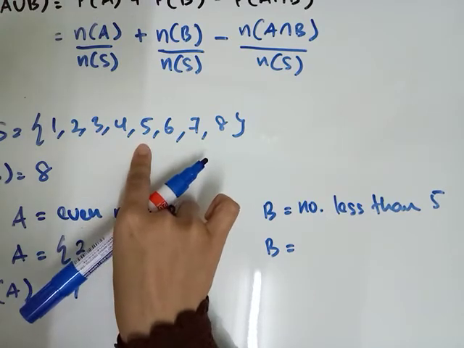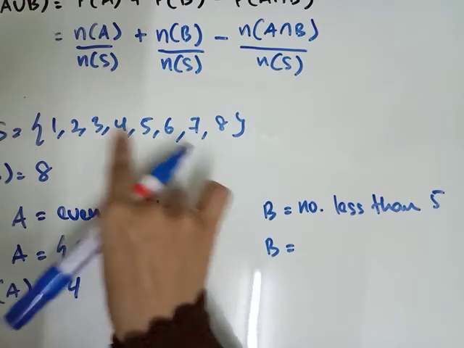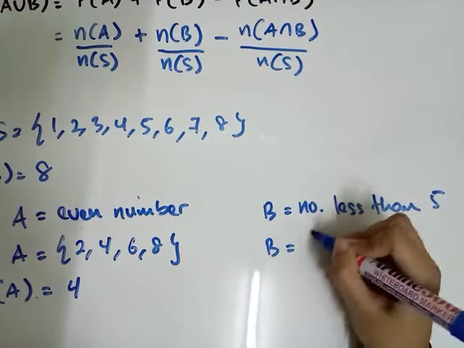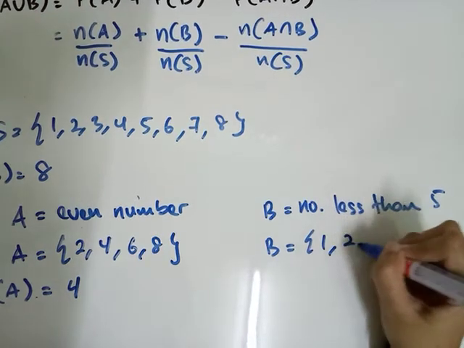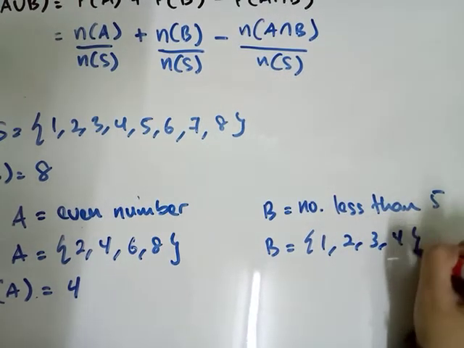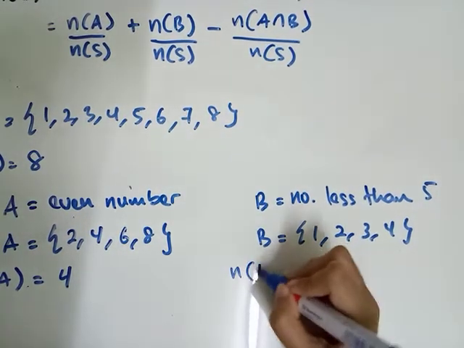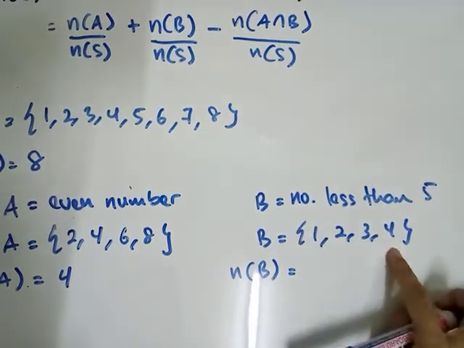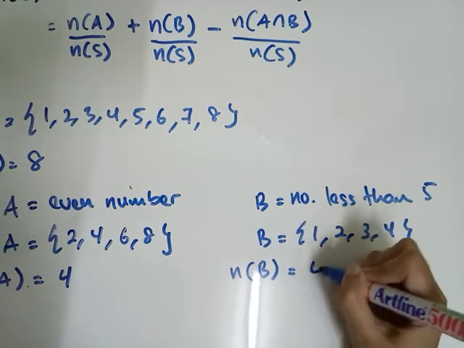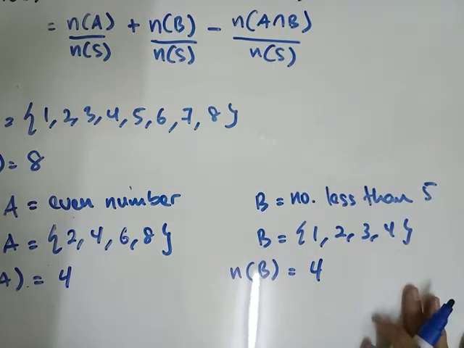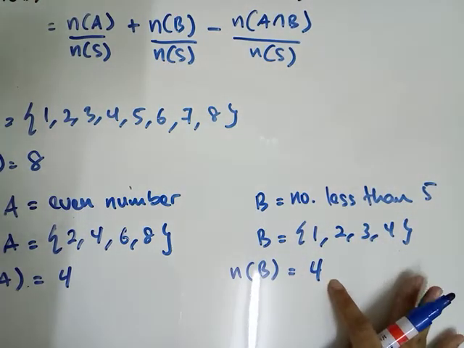Tak termasuk. Not included. 1, 2, 3, 4 only. This is the element in set B. So, the number of elements in set B is 4. Okay, bilangan elemen dalam set B ni 4.